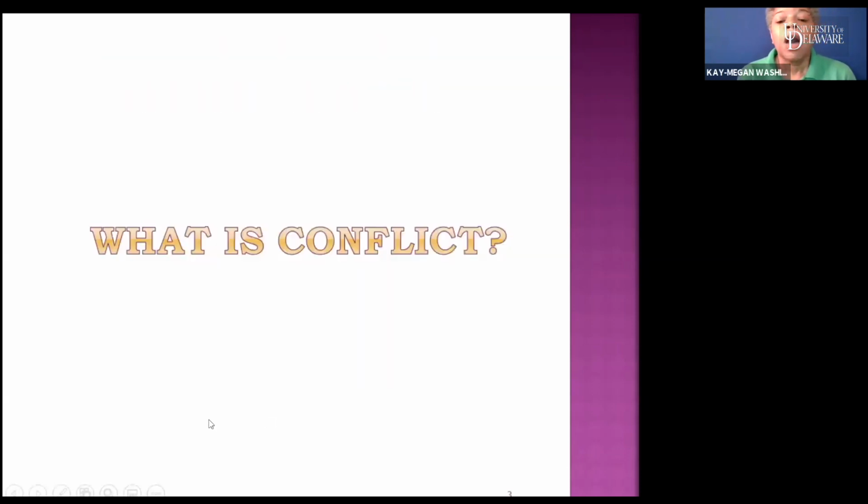Okay, so one of the things that I tend to associate with conflict is friction. And the reason that I like the word friction is that it can mean a couple of things under different circumstances. There are some circumstances where you want friction, and some circumstances where you don't.